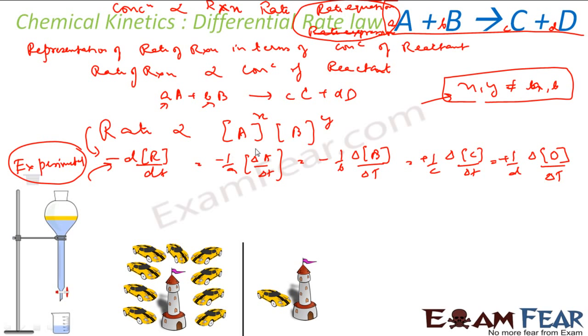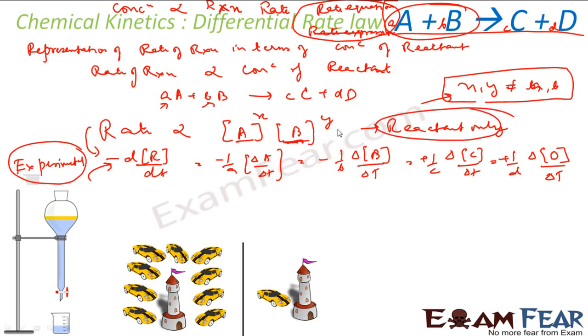So experimentally it is seen that the rate, we have seen that one question, the rate of the reaction decreases because the concentration of the reactant decreased. So we concluded that the rate of reaction is dependent on the concentration of reactant. Please note, it's the concentration of reactants only, not the product. Correct?